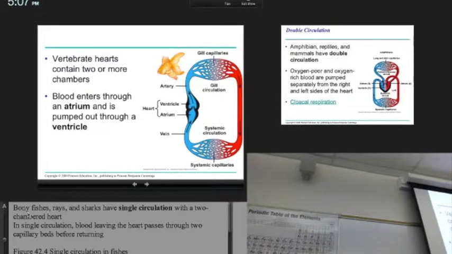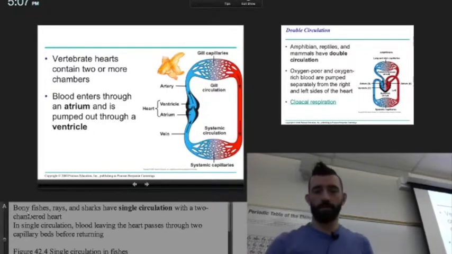So this is where all of the exchange happens in the interstitial fluid of the body of the organism. So that's called systemic circulation. And this, in the case of fish, is called gill circulation. So there's one pump of the heart that's doing both of these circulations. So hold that thought. We'll come back to that.